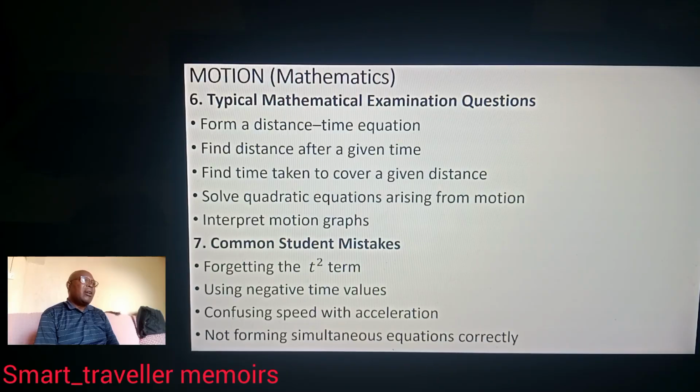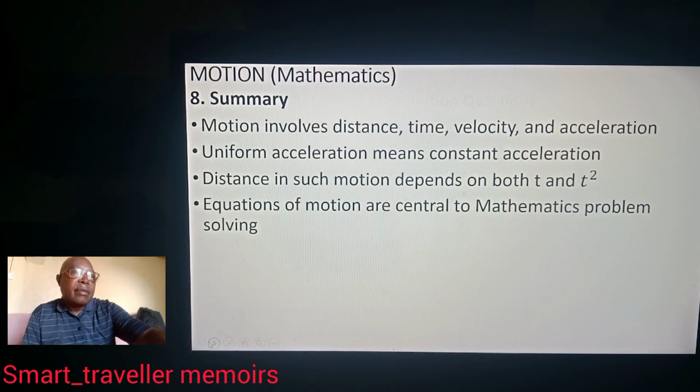Number 7, common student mistakes: forgetting the t² term, using negative time values, confusing speed with acceleration, and not forming simultaneous equations correctly.